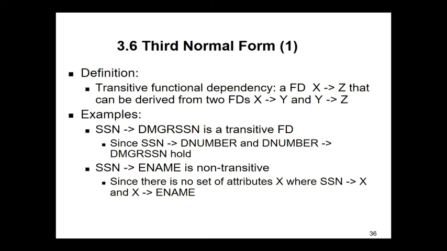Okay, so the third normal form, again, this is simple. You're looking for embedded tables. Just think about it that way. So, I could have an instance where, in the employee record, I have the department code they work for and the department name they work for.